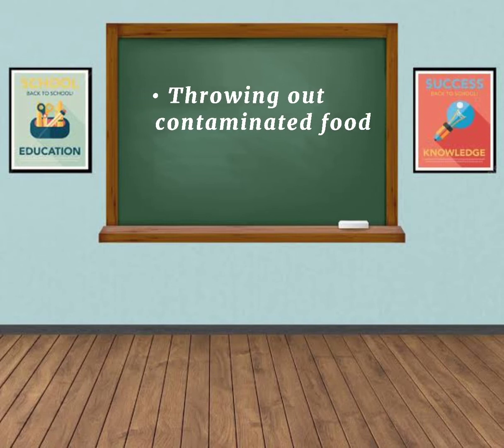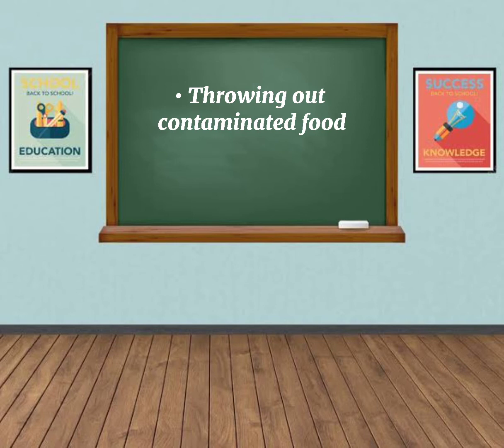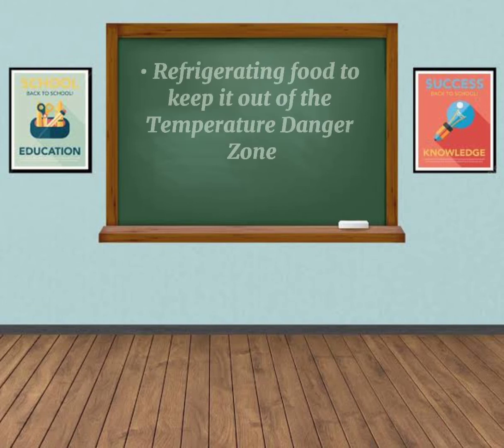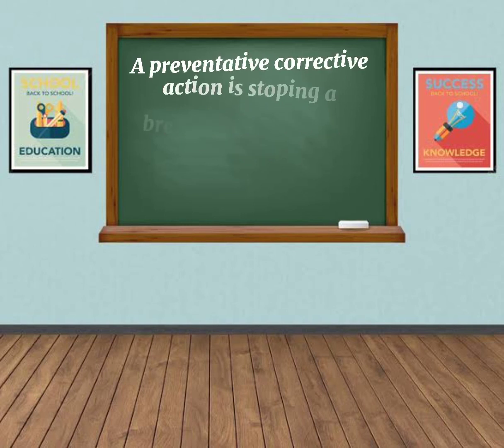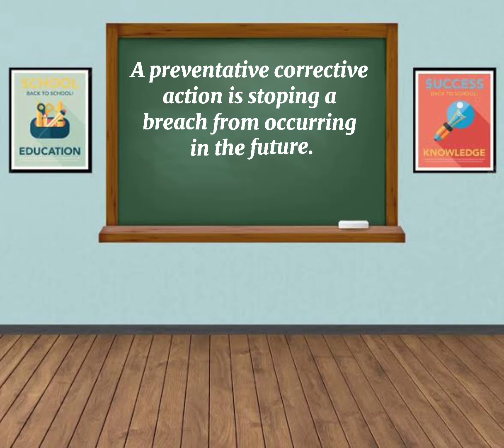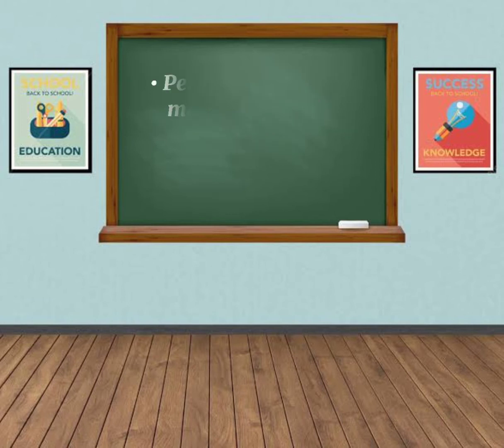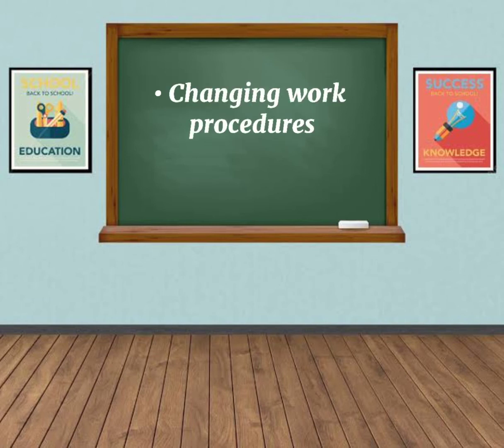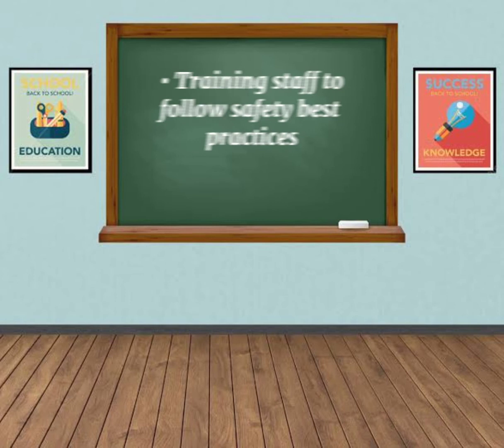For example, throwing out contaminated food, rejecting food at delivery with signs of pest infestation, and refrigerating food to keep it out of the temperature danger zone. A preventative corrective action is stopping a breach from occurring in the future. For example, performing routine maintenance on equipment, changing work procedures, and training staff to follow food safety best practices.